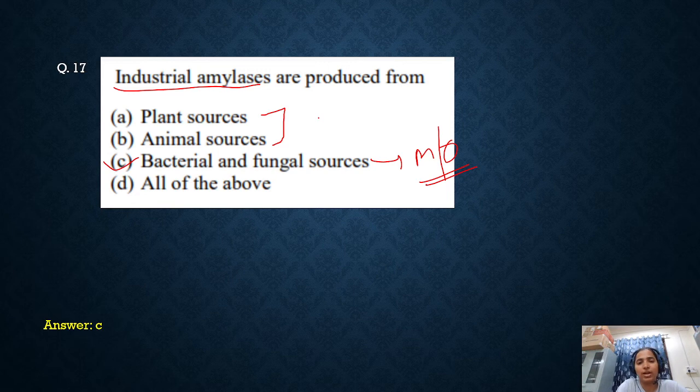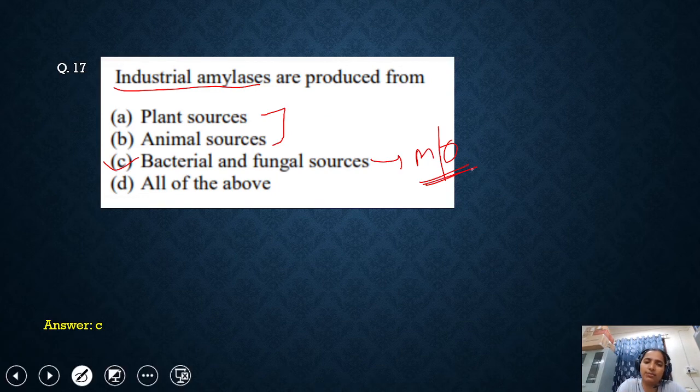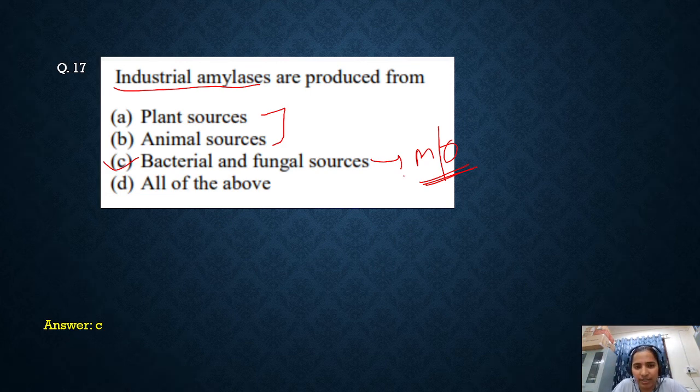You can't grow that large a number of animals. When you feed the animals, it costs much more compared to microorganisms, and the amount produced is also lower compared to bacterial and fungal sources. So industrial level fermentation mostly prefers bacterial and fungal sources. So for this question the answer is C.